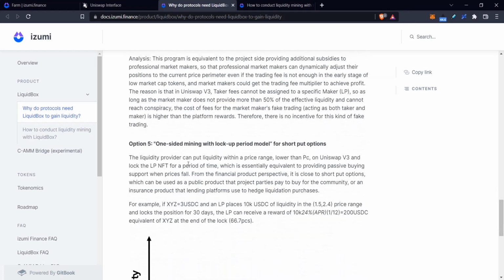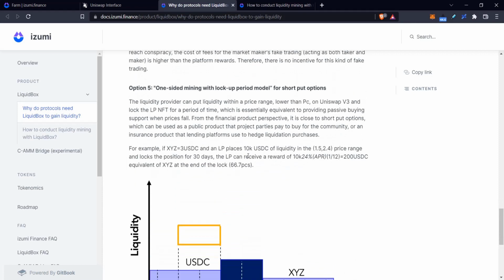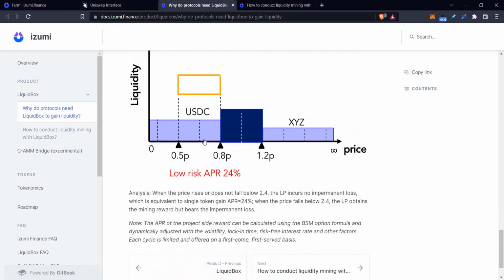And the last one is one-sided mining with a lockup period for short put options. So basically you can come with, in this case, the USDC, and you can just put it below the current price, right? Below the current price range. And you'll lock it for 30 days.